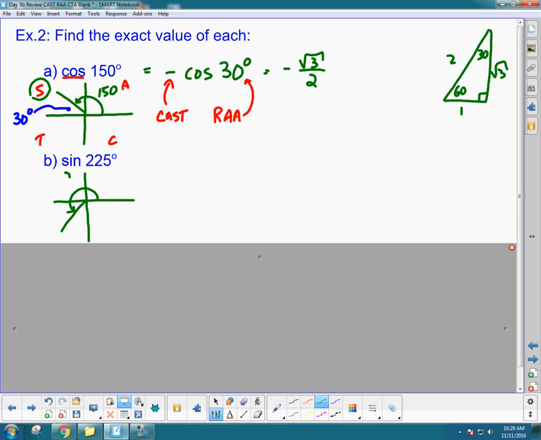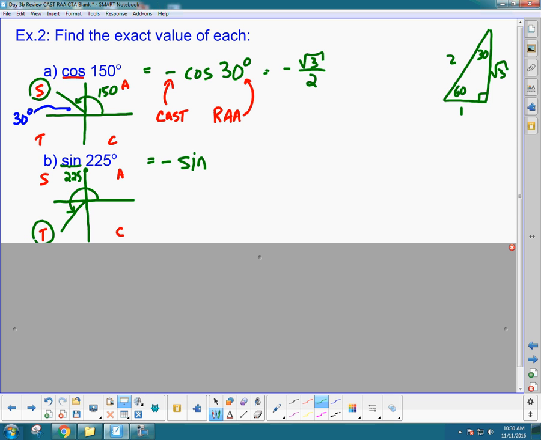That's 225 degrees. So it turns out that I'm in the third quadrant. All right, so tell me what you know about sine this time. We're talking about sine. Sine in the third quadrant, well, tan is positive, so this one is also going to be negative sine.